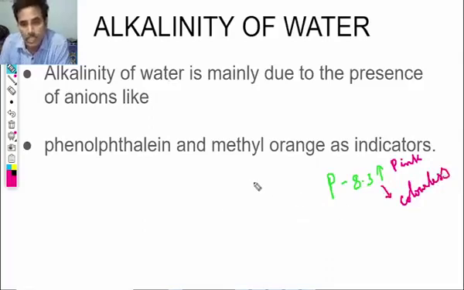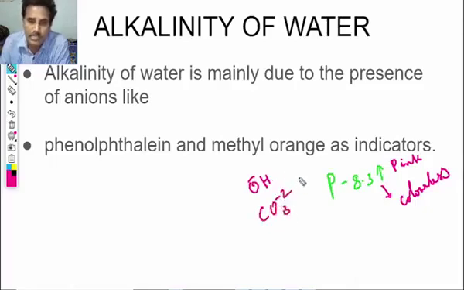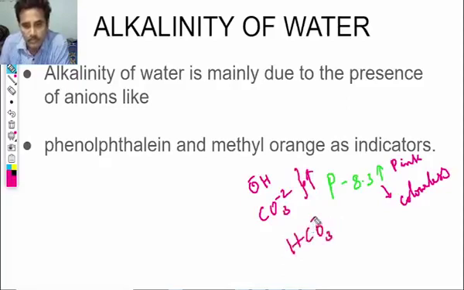So the hydroxyl ions and carbonate ions, these 2 ions, generally have pH greater than 8.3, and bicarbonates have pH less than 8.3. So by using the phenolphthalein indicator, only these 2 ions can be estimated.